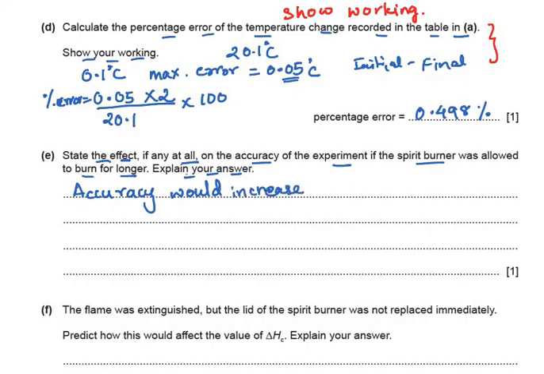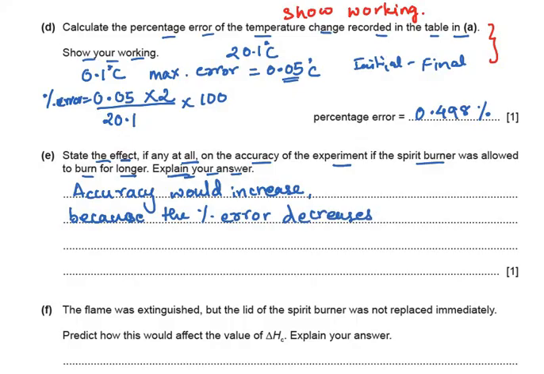Now we need to explain our answer also. So the reason has to be given here, because the percentage error would decrease. So we will write: because the percentage error decreases. That's why our accuracy of the answer would increase.